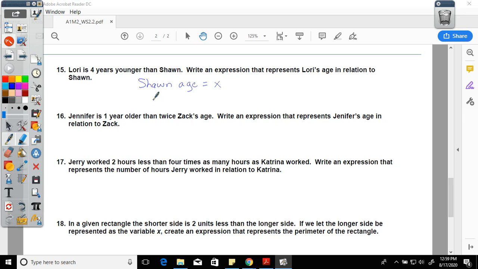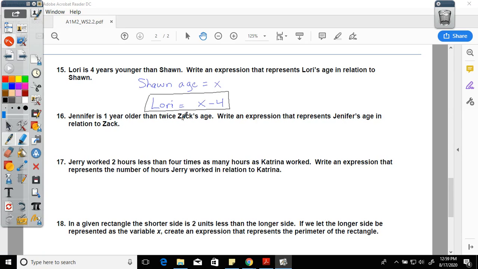Okay, so Laurie, to find her age, would be Sean minus 4. All right, so there is my answer. Laurie's age in relation to Sean, so x minus 4.